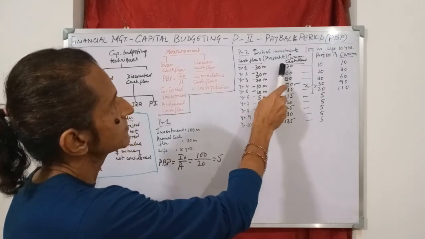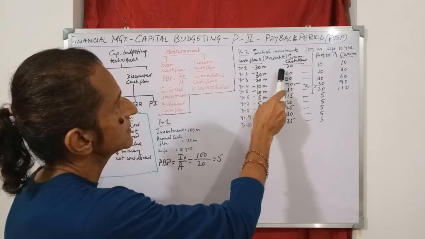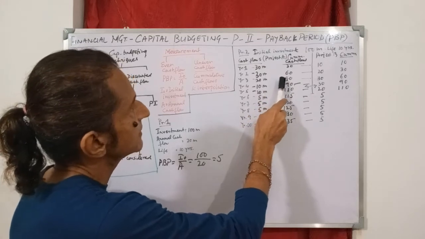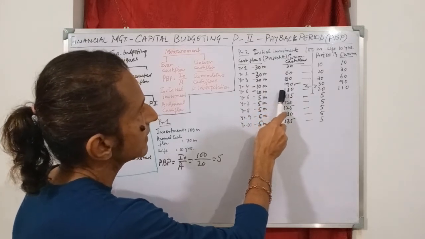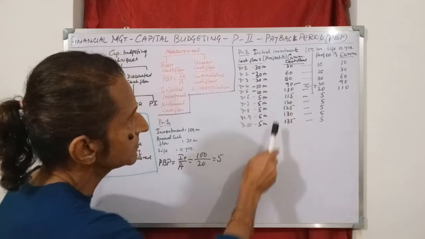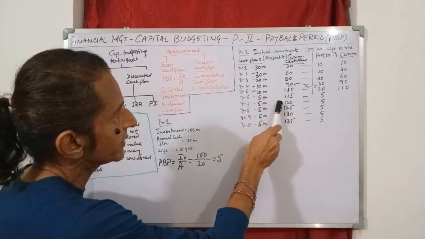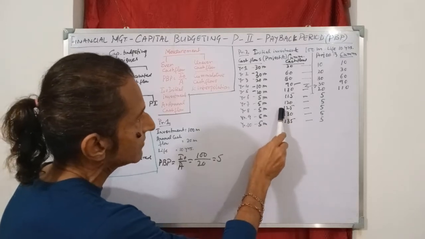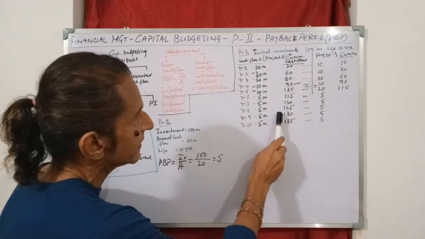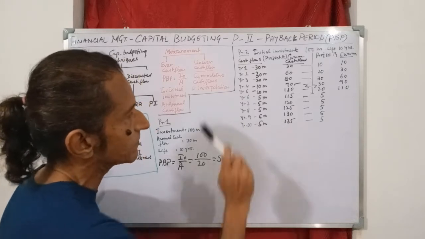That is 30, 30 plus 30, 60, 60 plus 20, 80, 80 plus 10, 90, 90 plus 20, 110, 110 plus 5, 115, 115 plus 5, 120, 120 plus 5, 125, 125 plus 5, 130, 130 plus 5, 135.